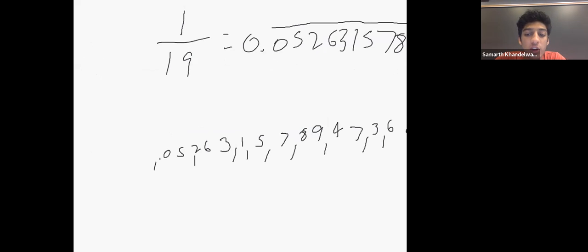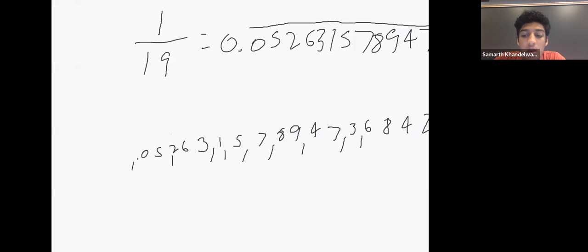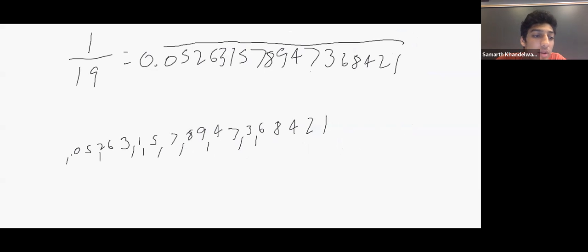Now, I'm sure you guys are curious as to how I got this, but let me tell you something else. The method for figuring out, say, 1/29 is actually very, very similar. And let me do that really quickly.